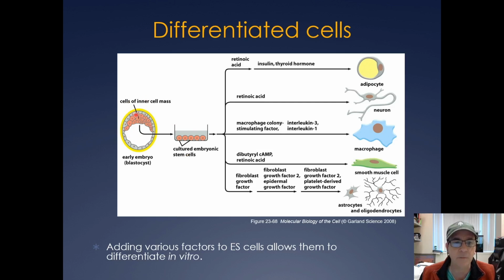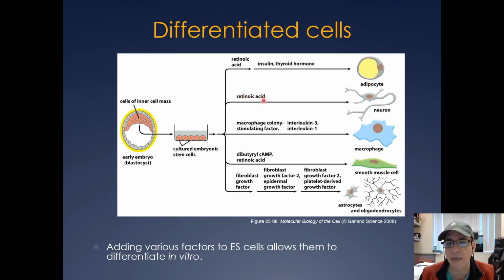if you could get stem cells, and in this case they're using embryonic stem cells, and they're culturing them, and then they can add certain reagents like retinoic acid, insulin, thyroid hormone. You can buy these basically all over the place, and then that develops into an adipocyte.